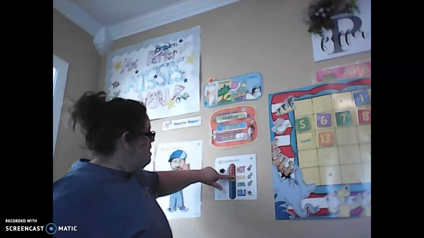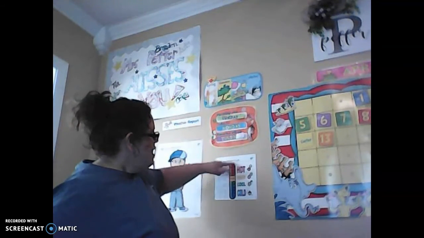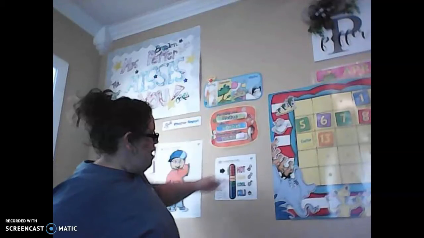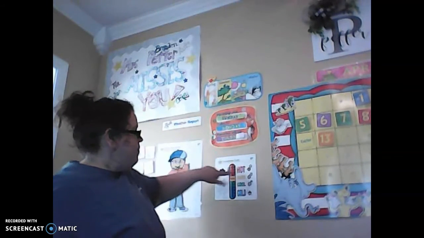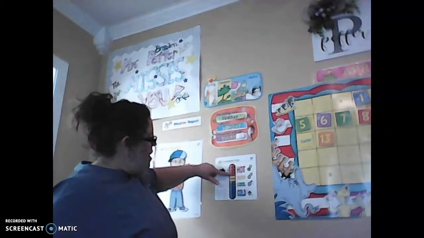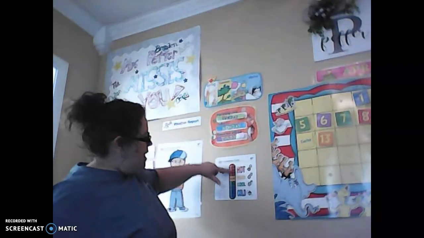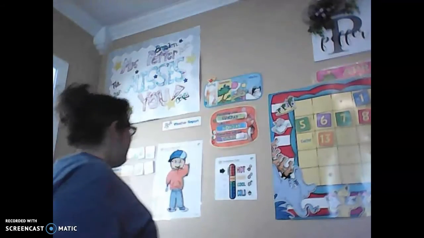Let's look at our numbers. 70, 80, 90. That's all in the red. Up here, we are going to be what today? Hot. It is going to be hot today. 83 is kind of in the middle between 80 and 90. So we are all the way up on hot.